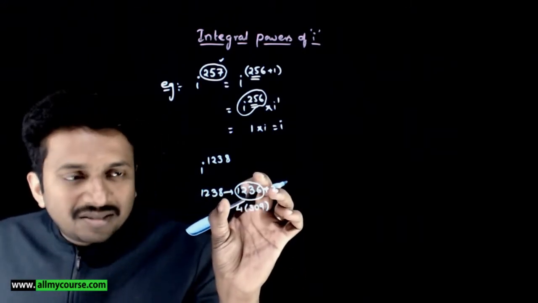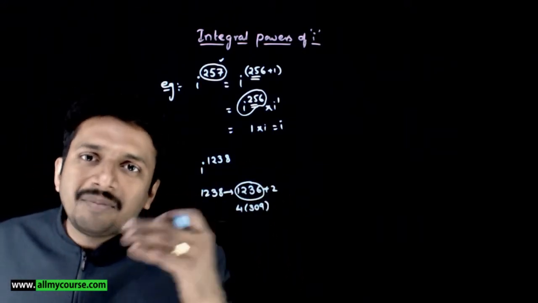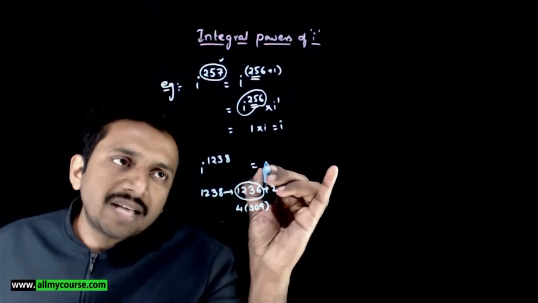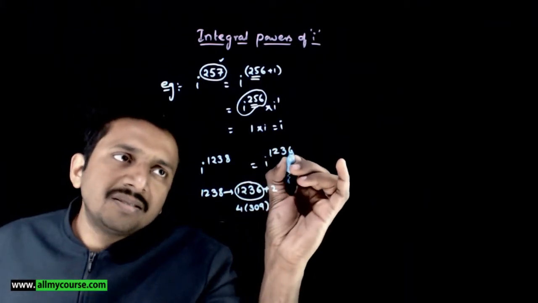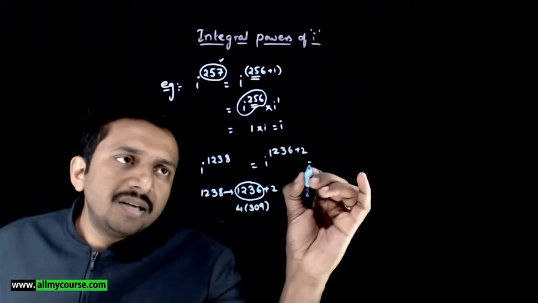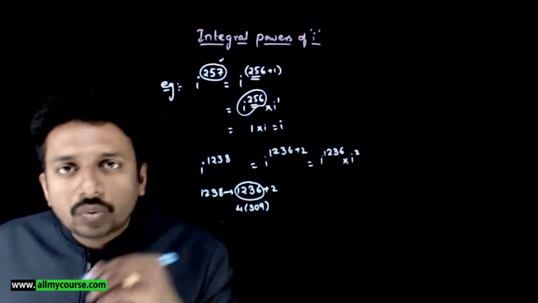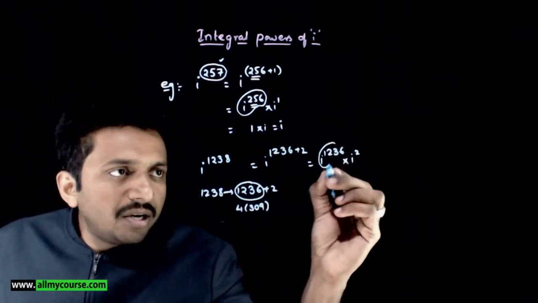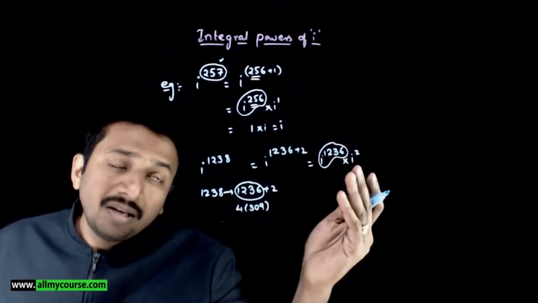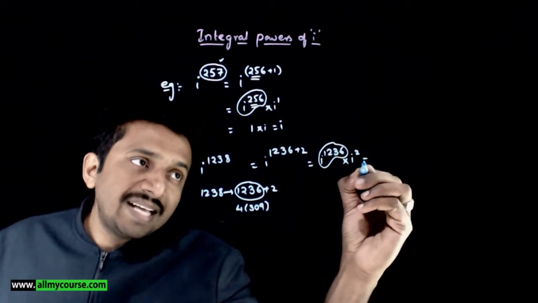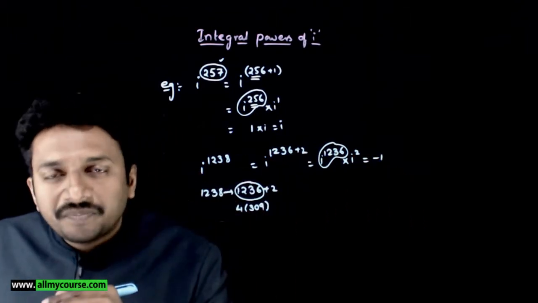So 1236 can be separated, and i power 1236 is equal to 1. So this is i power 1236 plus 2, which is equal to i power 1236 into i square. i power 1236 is equal to 1, and 1 into i square is i square, which is equal to minus 1.